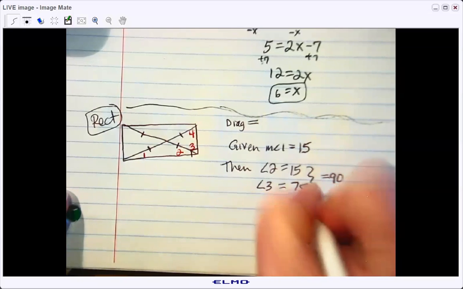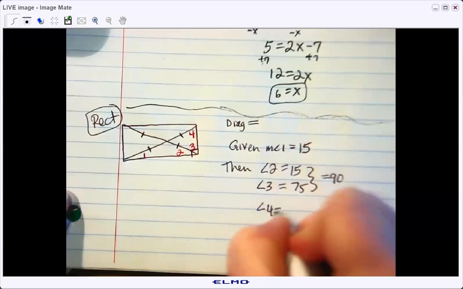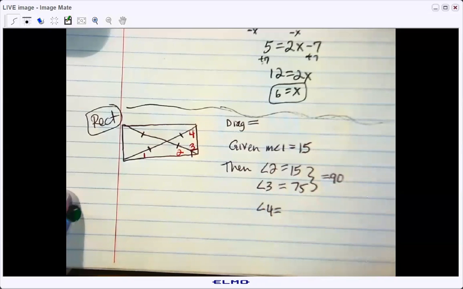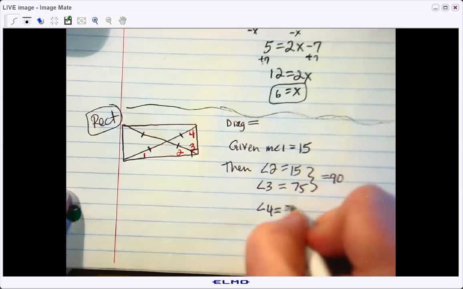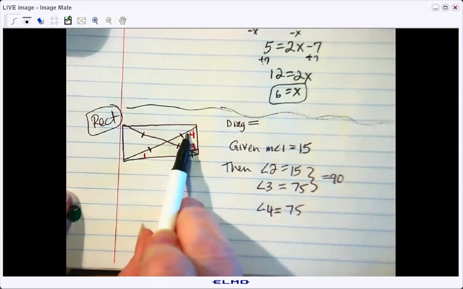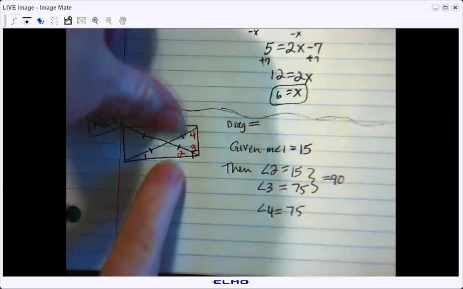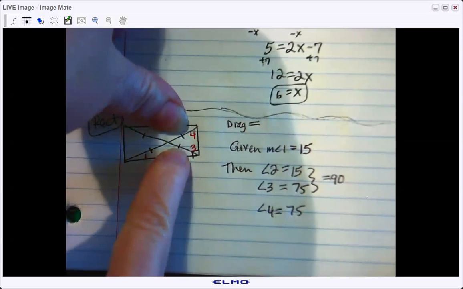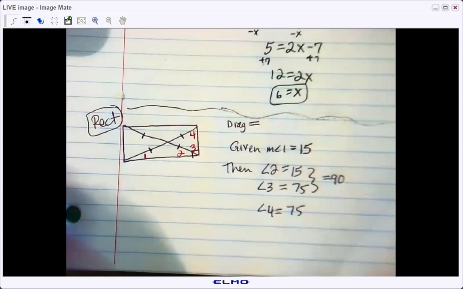Good. So what does that make angle 4 then? Yep, also 75. Because remember, you still have a different isosceles triangle over here. So that being isosceles, that's going to make angle 3 and angle 4 also equal.